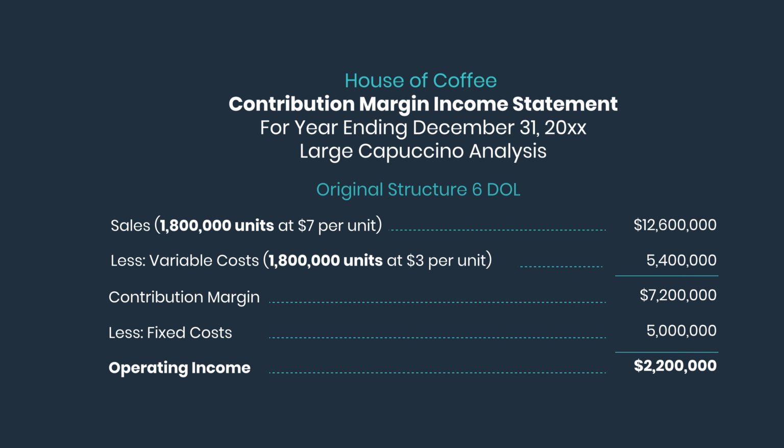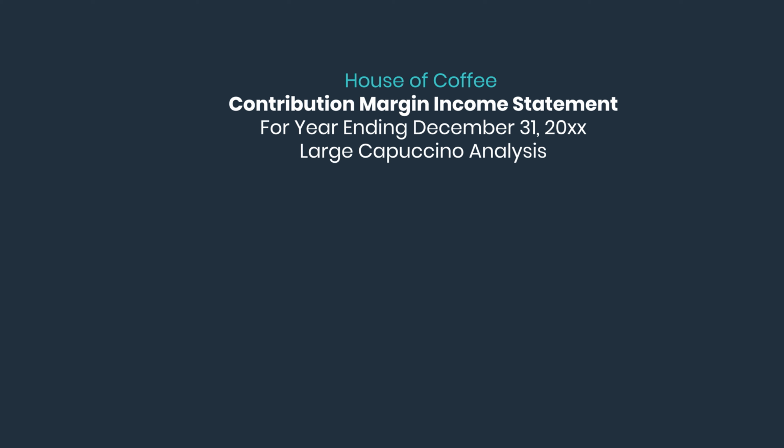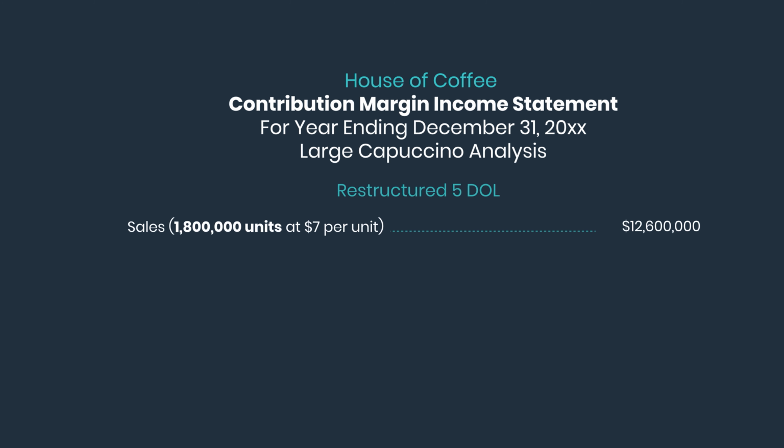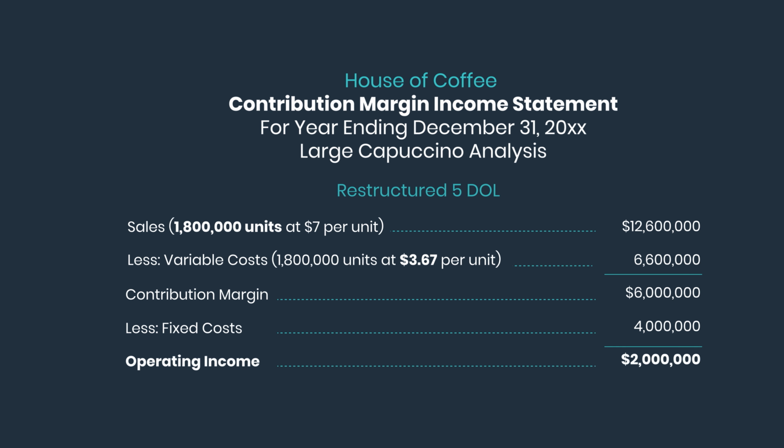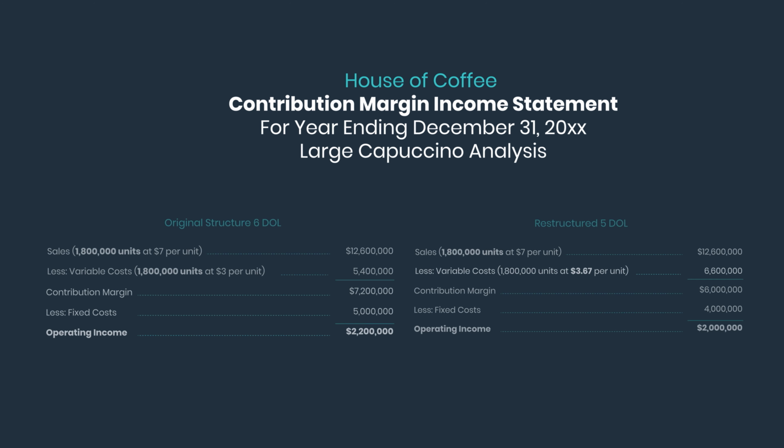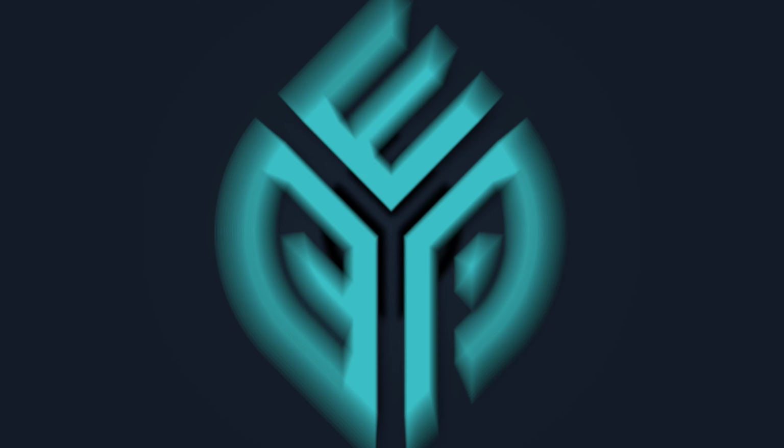And likewise, under the restructured scenario, selling 1.8 million large cappuccinos would increase the operating income from $1 million to $2 million, a 100% increase. We can see the higher DOL at 6 means the change in sales has more impact on operating income than the lower DOL of 5.